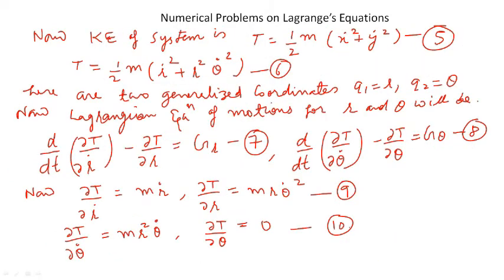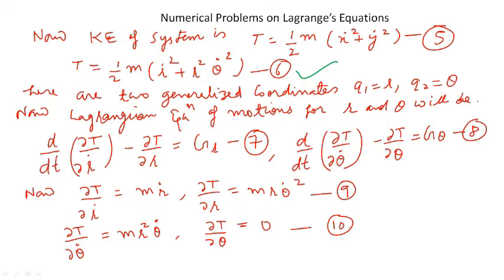Now the kinetic energy of the system is, for the Cartesian coordinates, you know that it will be 1 by 2 m (x dot square plus y dot square). If you put the value of x dot and y dot, then the kinetic energy in terms of the polar coordinates becomes T is equal to 1 by 2 m (r dot square plus r square theta dot square).